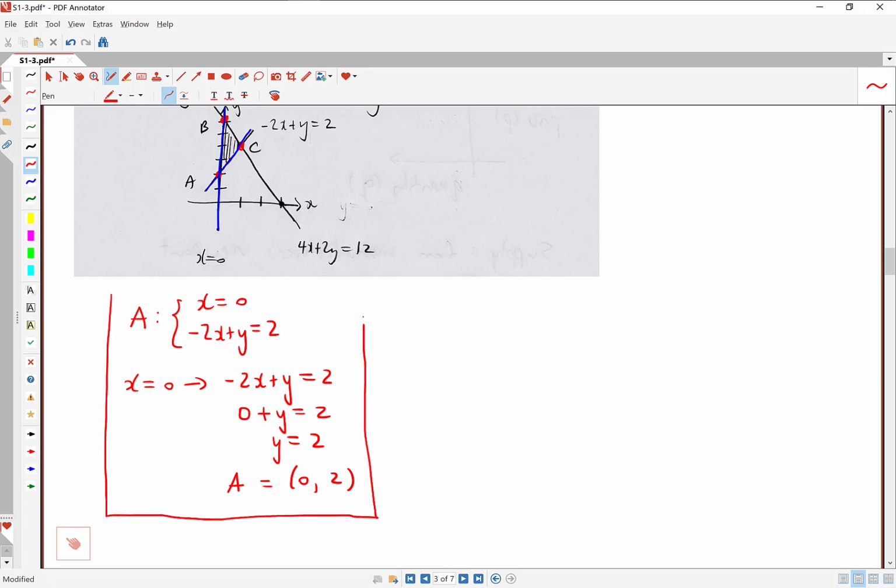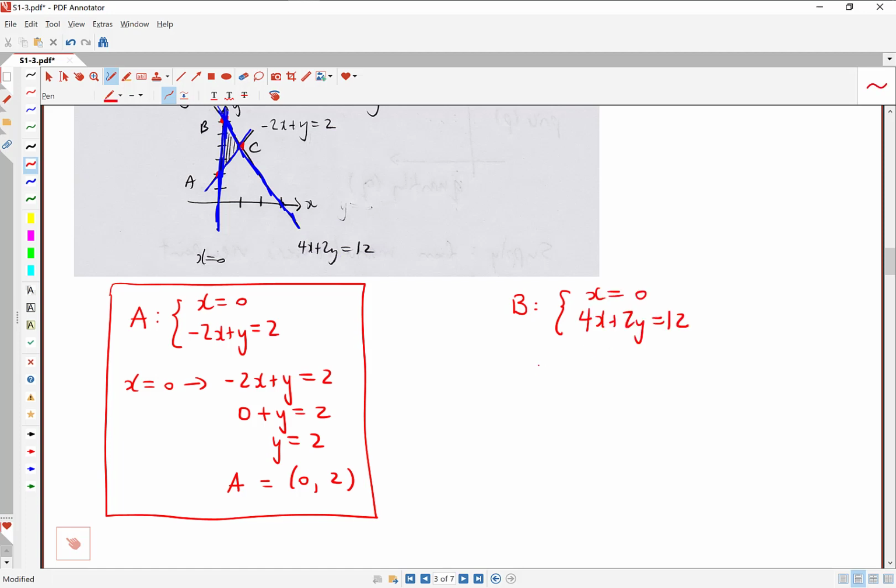So let's put all that stuff in a box, and we're now going to do the same thing for vertex B and for vertex C. For the next one, let's do vertex B. I think that's also an easier one, so we can knock that off quickly. If we look at vertex B, let's think about what lines it's on. Again, it's on the vertical line x equals 0, and it's also on this other line here, 4x plus 2y equals 12.